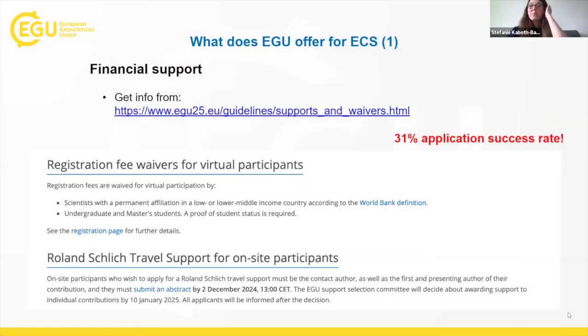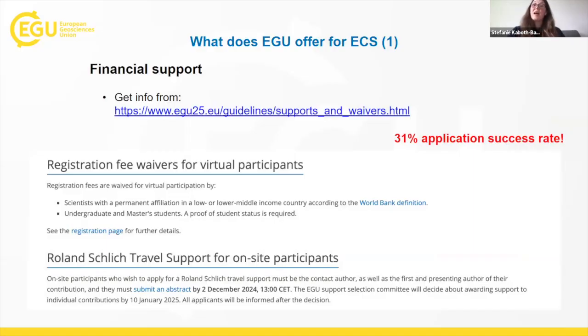Yeah, one really important point, adding to what Simon said, is that there is financial support to get early career scientists to the assembly, because it can be quite daunting. There are registration fee waivers, for instance, for virtual participants in case you can't attend in person, but also for on-site participation.